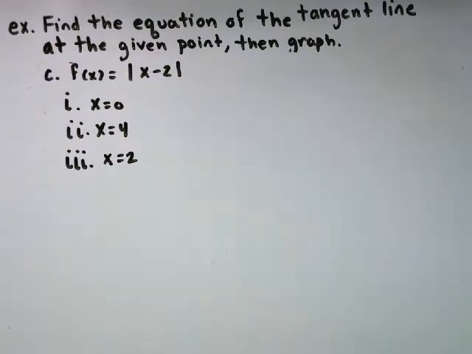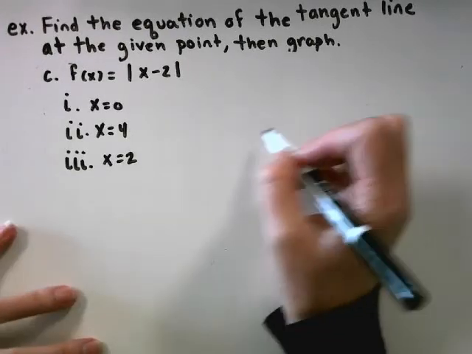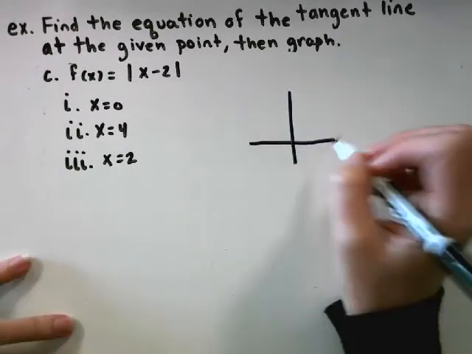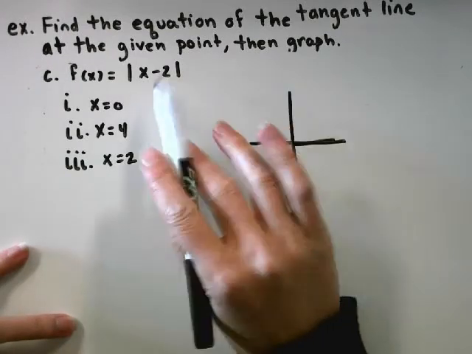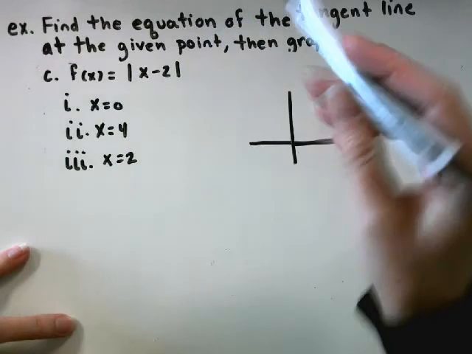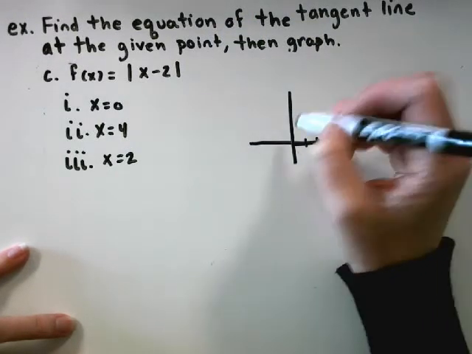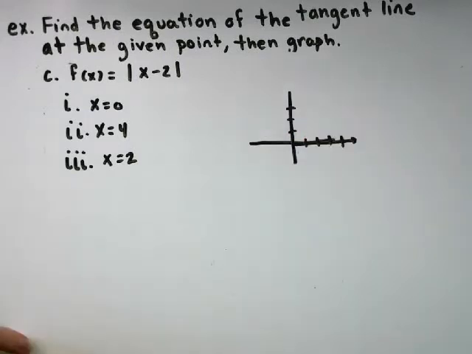Same question, but with a different type of graph: the absolute value of x minus 2. So I'm actually going to use the graph of this one. So we know what absolute value looks like. This moves our graph to the right 2 units. So my graph looks like this.